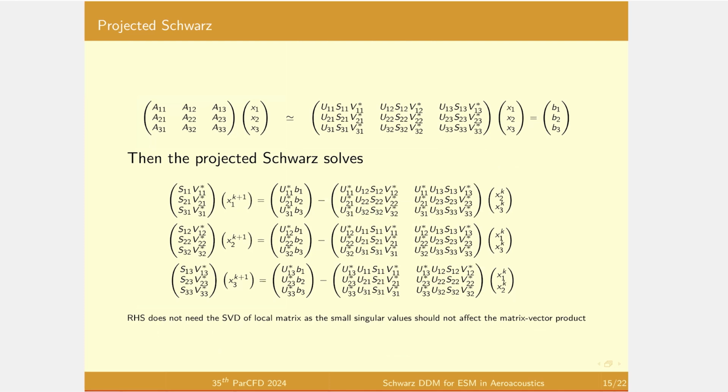For each block, for each iterate, for each row, for x1, x2, x3, we have to solve this equation, where we put this unitary matrix on the other side.